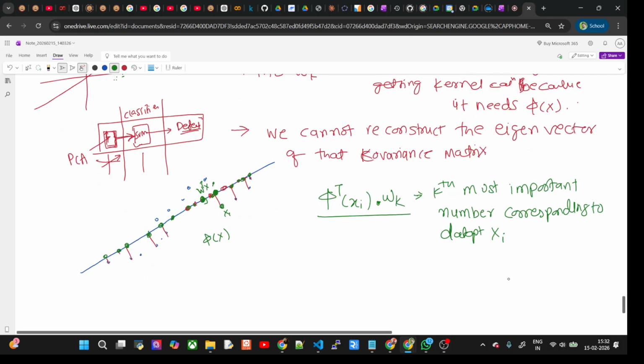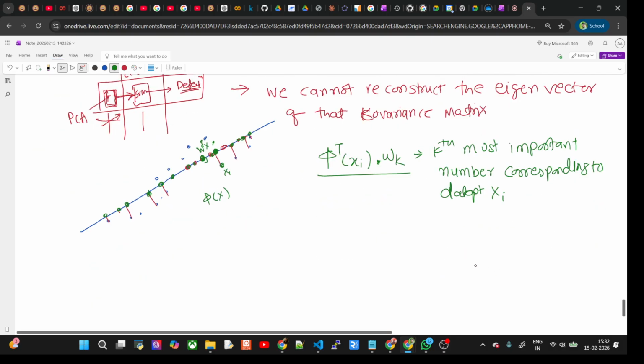Now your xi is gone, and once you project this point on the line, it will give you some of its contribution to the variance.